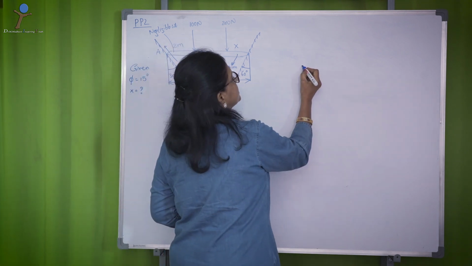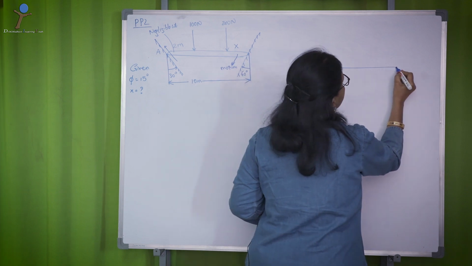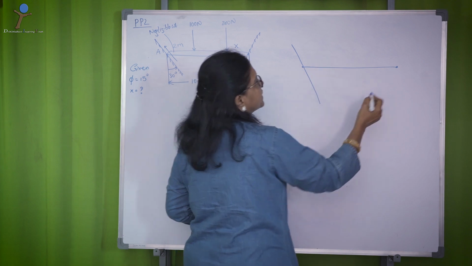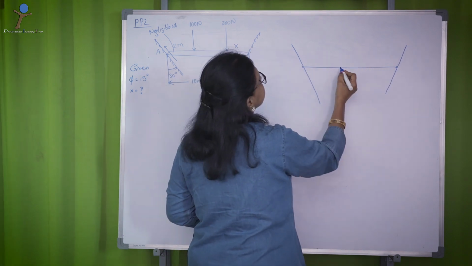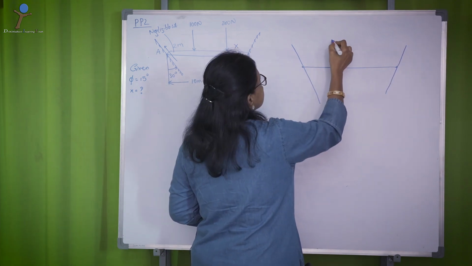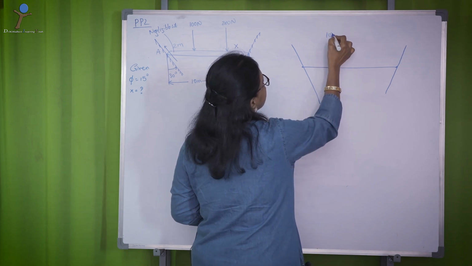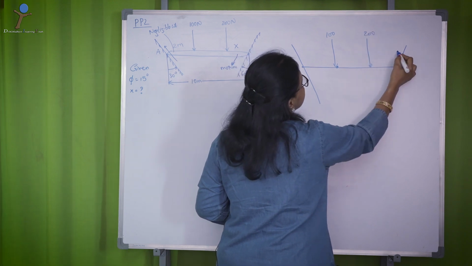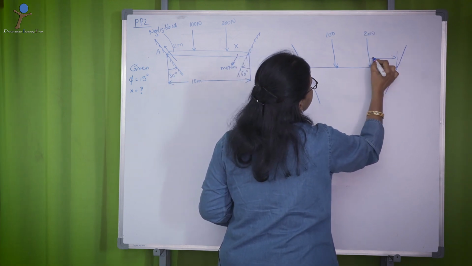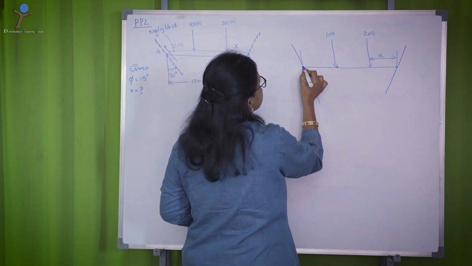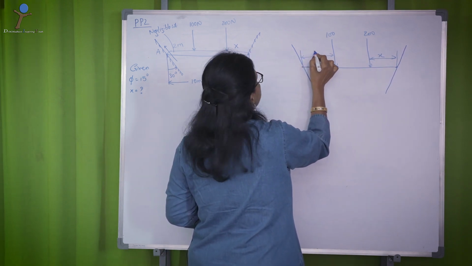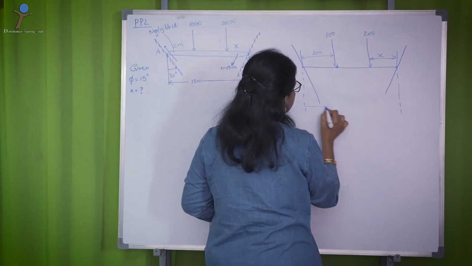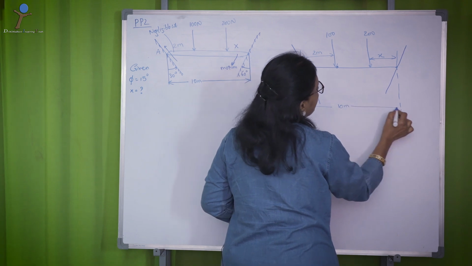The free body diagram goes as the bar, okay, the rough surfaces this way and this way, the forces 100 and 200 at a distance of x from one surface, at a distance of 2 meters from here, and the total span length is 10 meters.